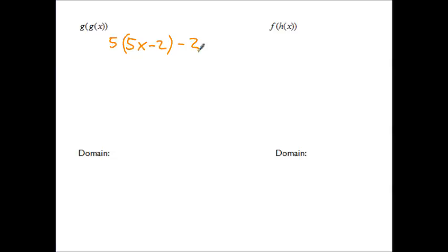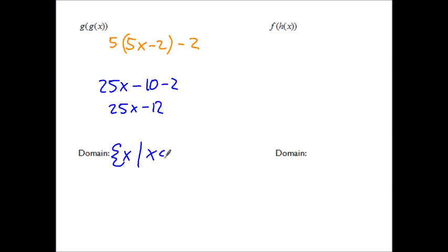We don't have any denominators that can turn to 0, or any radicals that may end up with negative numbers under them. So no domain restrictions. We just go ahead and simplify this function. 5 times 5x is 25x minus 10 minus 2, or 25x minus 12. And our domain is x such that x is an element of the real numbers. All right.